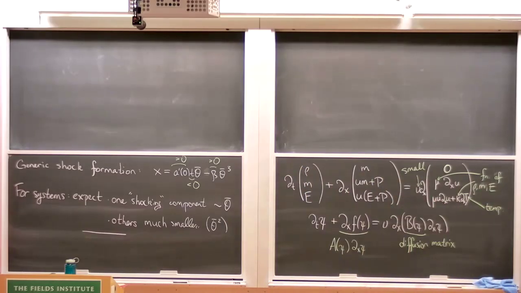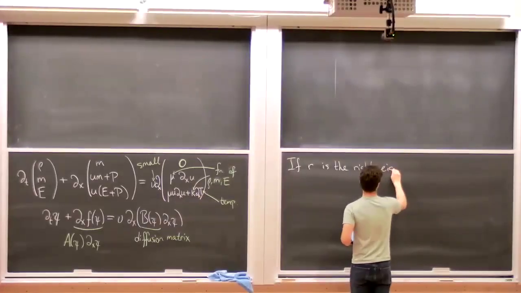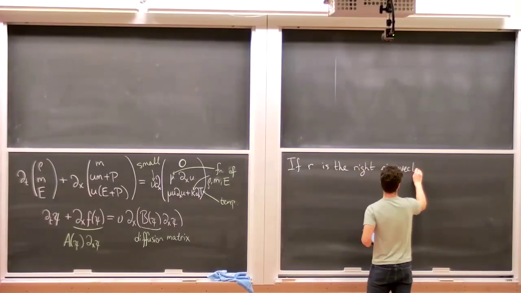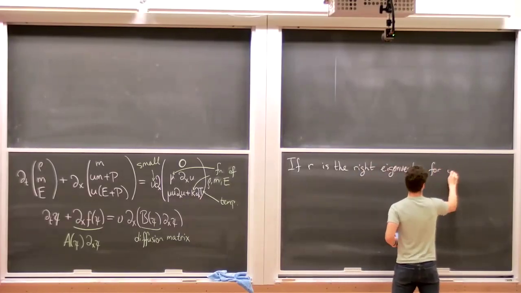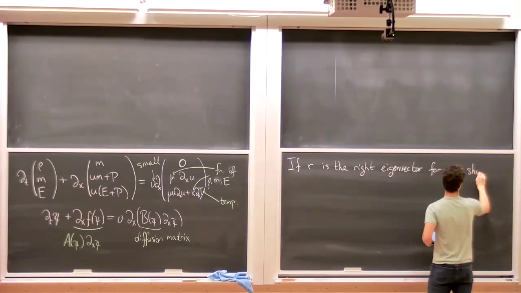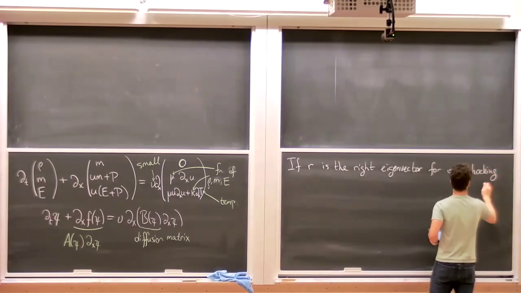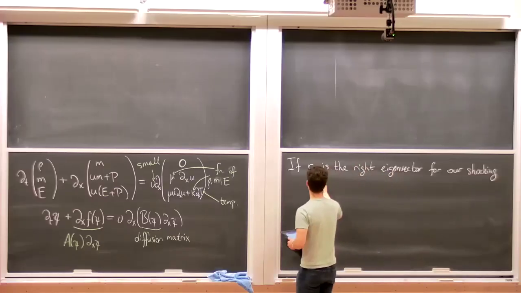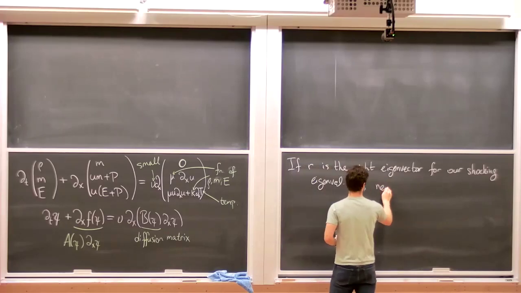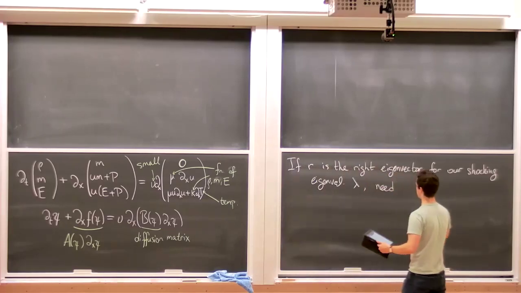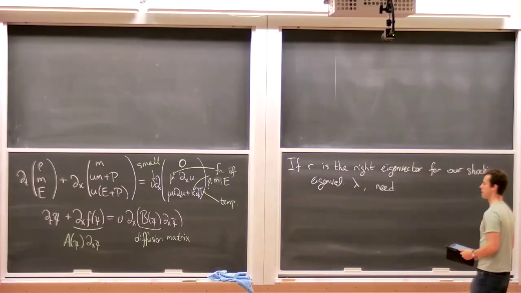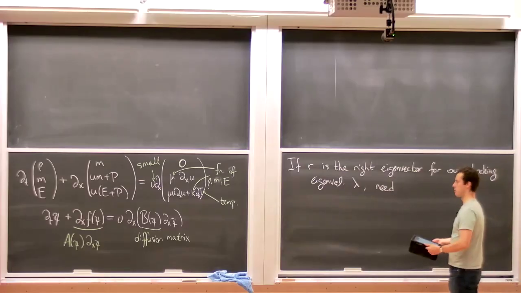So the other condition I want to recall is that, if R is the right eigenvector for our shocking eigenvalue, lambda, and again, when I refer to something as being shocking, I have in mind that the inviscid problem is developing a shock.